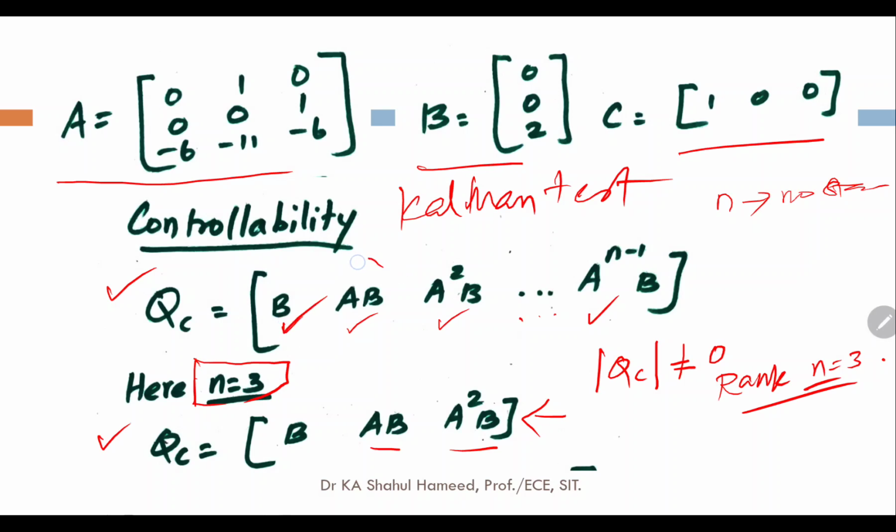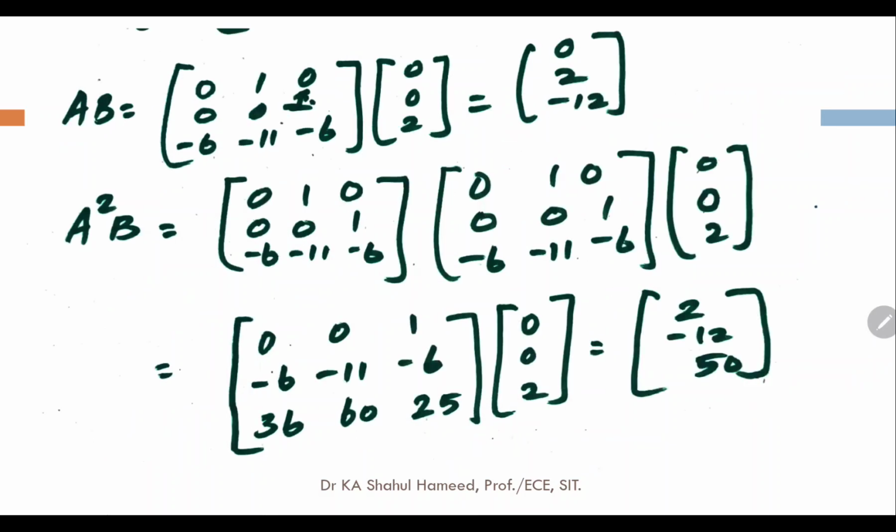Okay. Now first we have B, and we have to form AB, and then A square B. First AB. I am just going to multiply A and B. So I have put the A matrix and B matrix, and I am multiplying the first row and the column, which is 0 0 2.